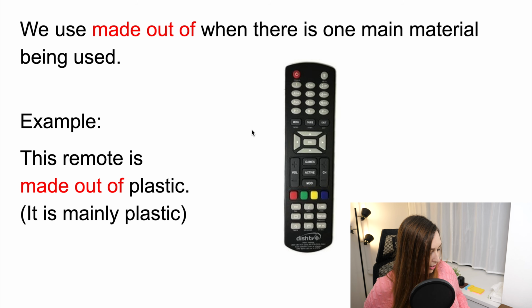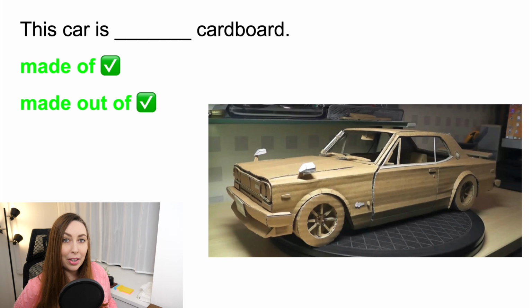Okay? So if we go back to the first one, we have a car. You can see that this car is cardboard. Cardboard was used to make this entire car. So we could say this car is made of cardboard. So you can see the actual cardboard that was used. It hasn't really transformed into anything else. It hasn't changed.